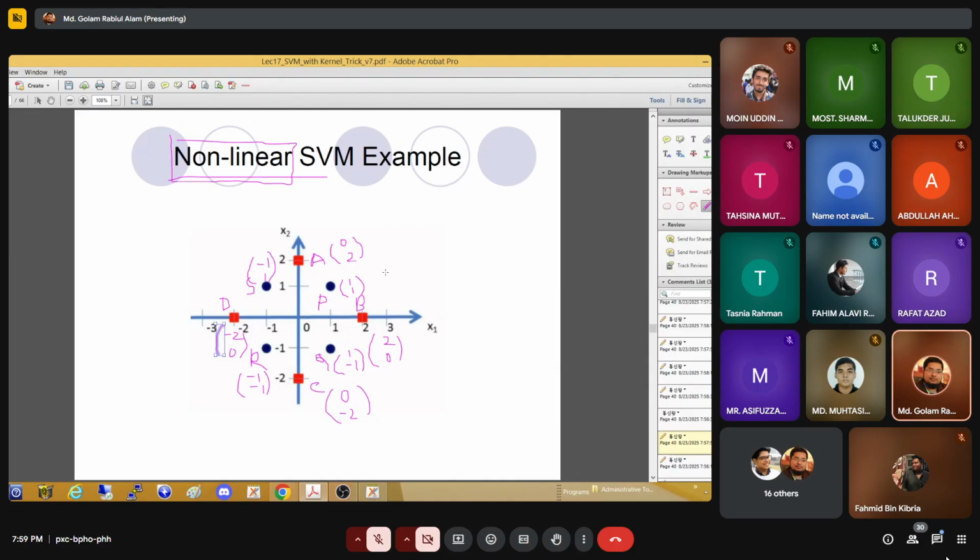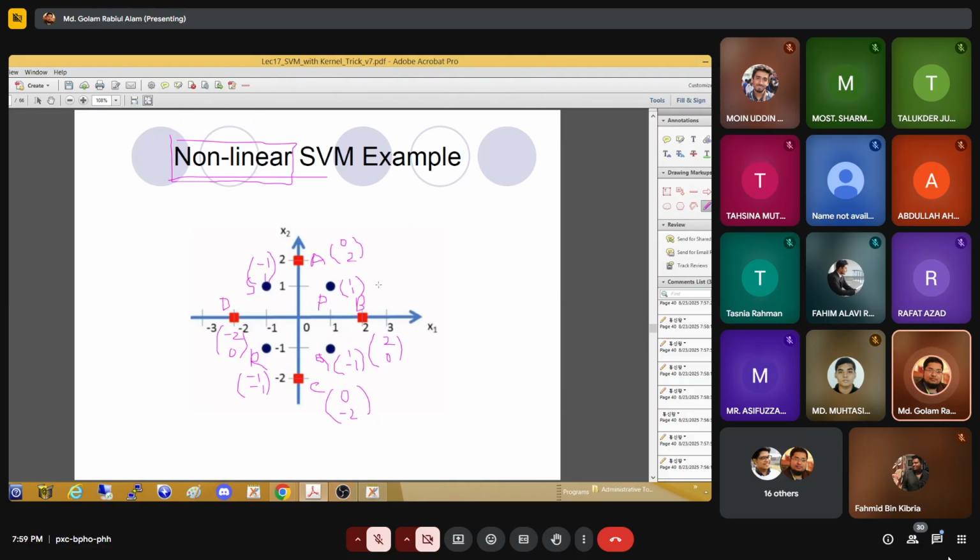We cannot find a line like this one to separate them. You can see that on this side two positives are there, but this side also has positives and negatives. So we cannot draw a single line to separate positives from the negatives.